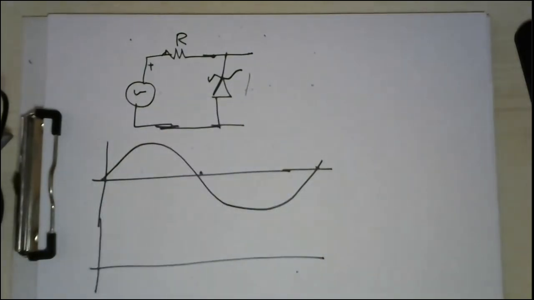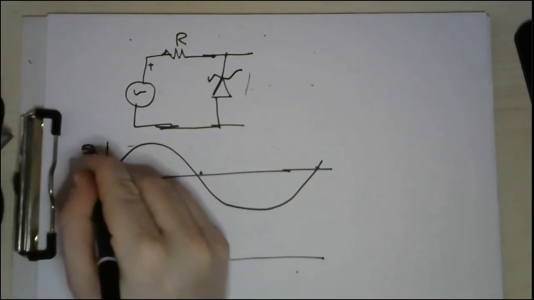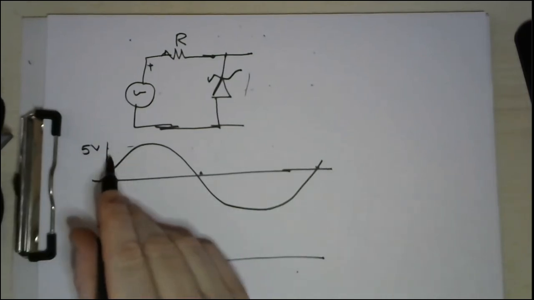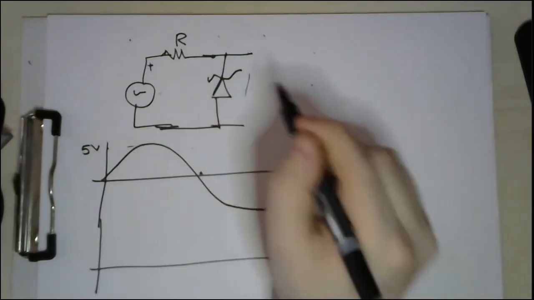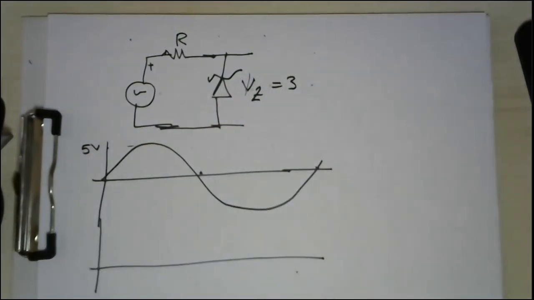Now the question is, what is the behavior of this Zener diode in the reverse bias? Let's make it numerical in order to make it easier. Let's say that this voltage is 5 volts, and that we have a Zener diode with VZ equals 3, for example. Then what the Zener diode will do is as follows.